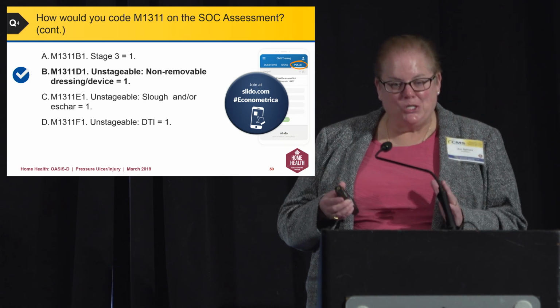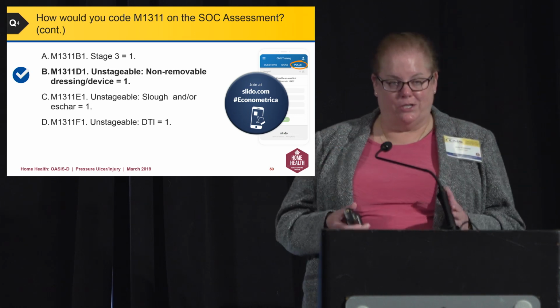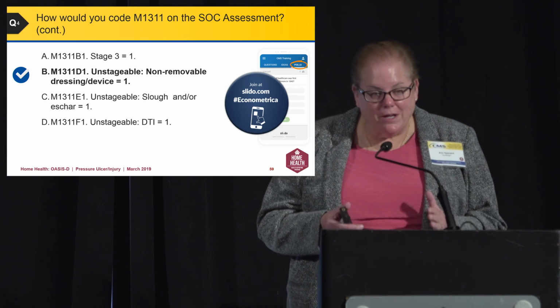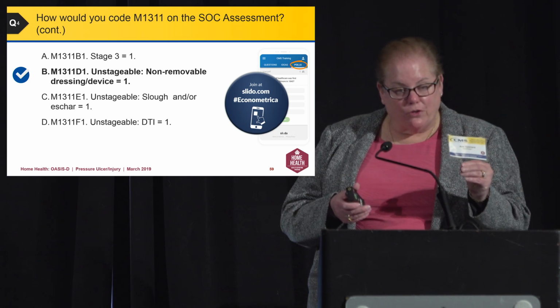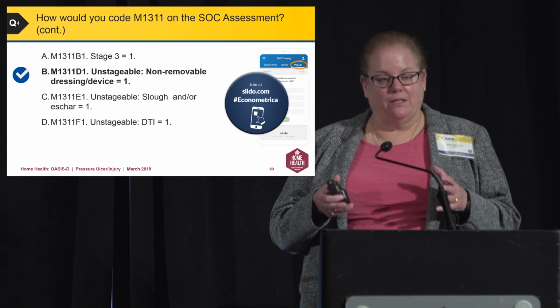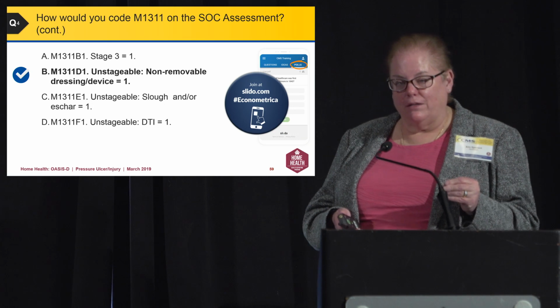So this is, again, a teaching moment, and this is where I think there's some confusion. The initial skin assessment, even though it was in that 5-day period, says we know there's an ulcer underneath it, we just can't see it because there's this non-removable dressing or device. So in fact, that is what you're going to put as the SOC.